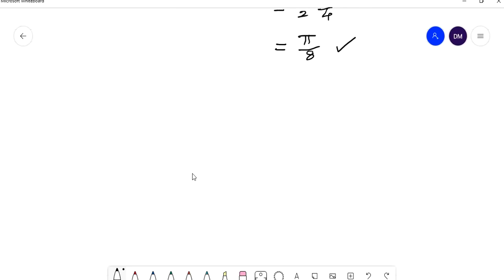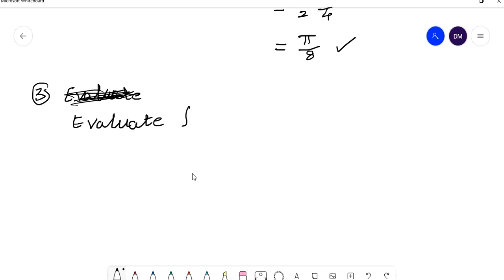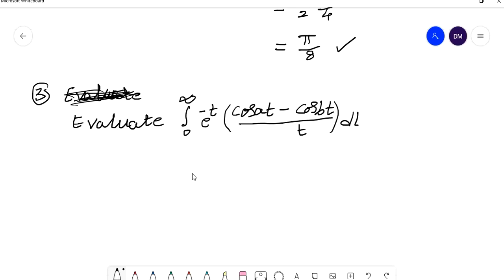Third problem: evaluate integral 0 to infinity e power minus t into cos at minus cos bt by t into dt, right?